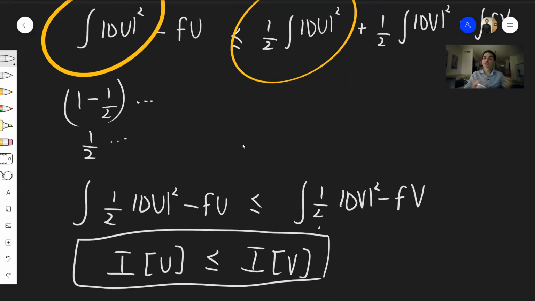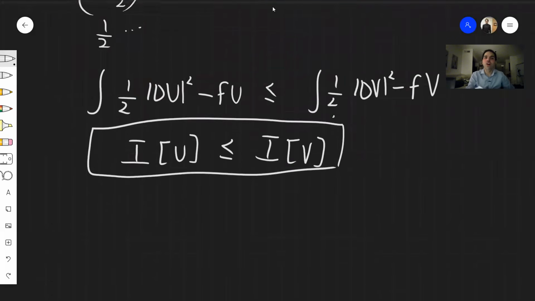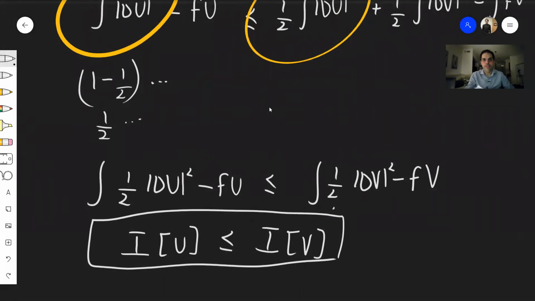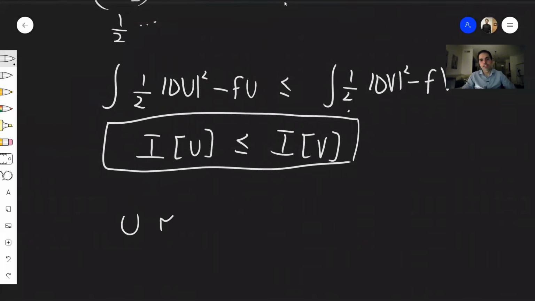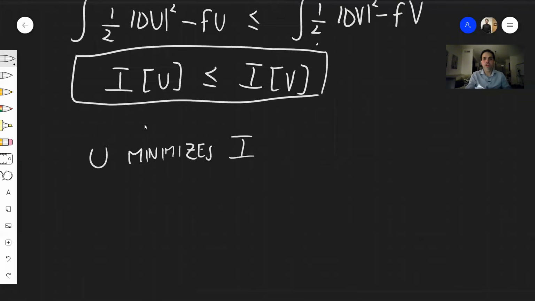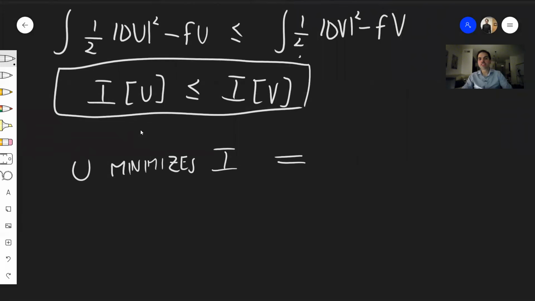So in fact, u minimizes our energy. So in the end, what we've shown is that u minimizes I if and only if it solves Poisson's equation, which gives a nice energy interpretation to Poisson's equation.